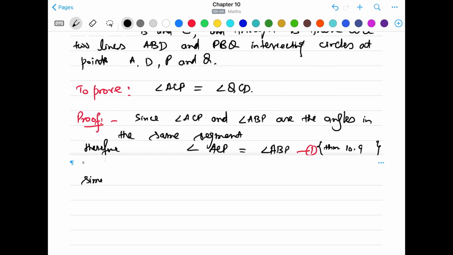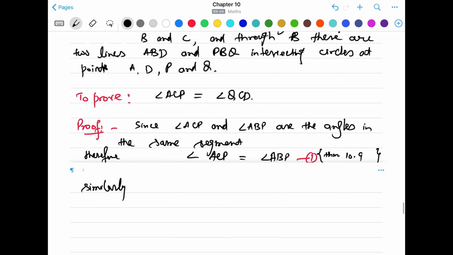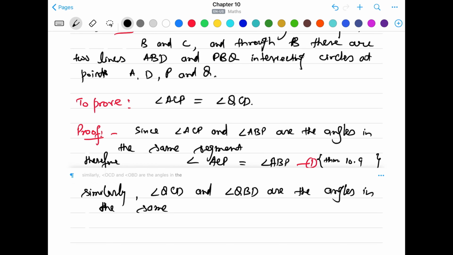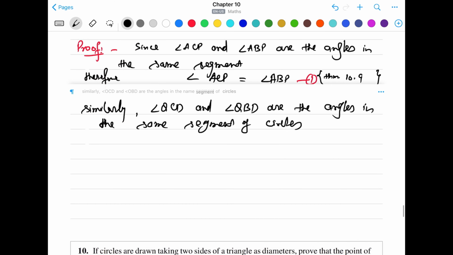Now we'll write similarly. Now the other two angles, that is angle QCD and angle QBD. Similarly, angle QCD and angle QBD are the angles in the same segment of the circle.